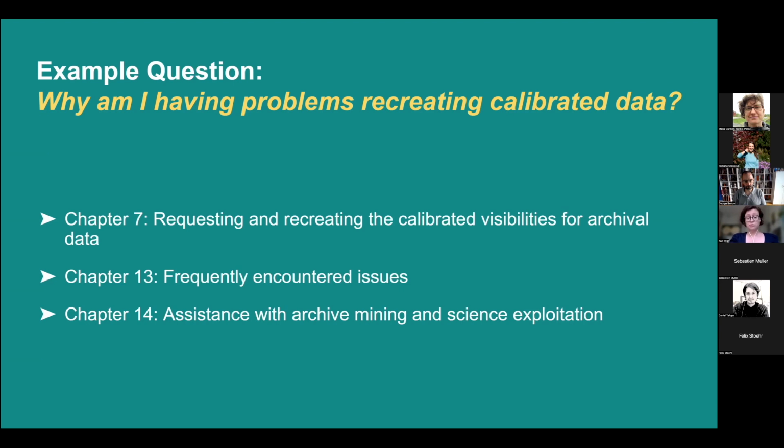If that still doesn't work, please consult chapter 13, because we have an entire section that gives solutions to problems when running a script for PI that is used to recreate calibrated data. And also here, if you have any issues or the solutions don't work, please contact the ALMA help desk or your ARC node, and they will help you to overcome those issues.